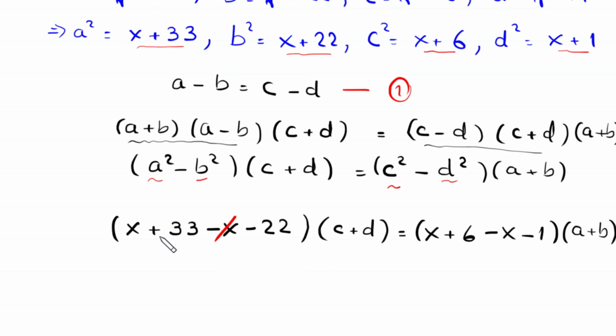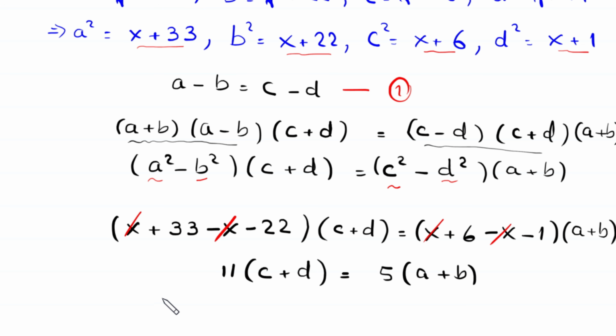The negative x will cancel out with x, and 33 minus 22 becomes 11, times c plus d, equal to, the negative x cancels out with the positive x, and 6 minus 1 becomes 5, times a plus b.